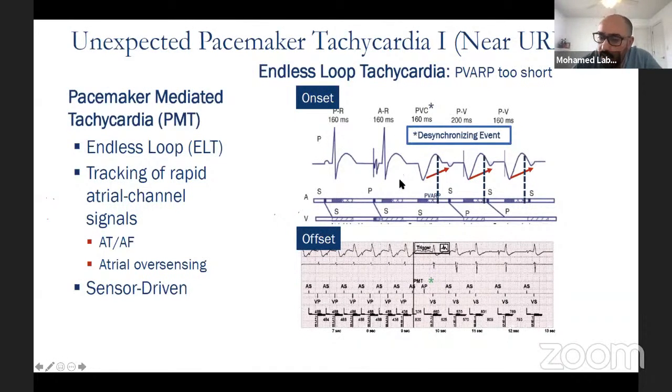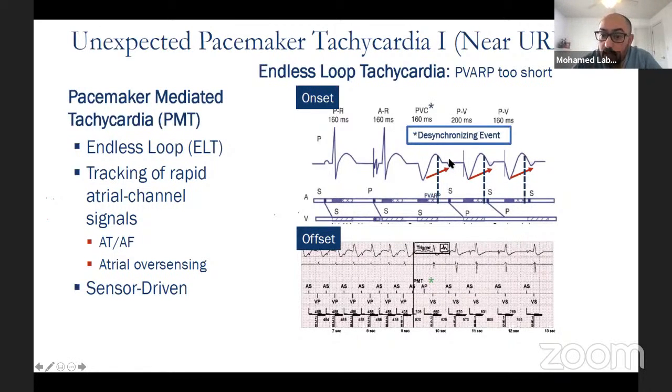But it happens that a PVC happened. So now this PVC happened in the ventricle, it goes through the AV conduction system, and it causes retrograde activation of the atrium. And this retrograde activation of the atrium is sensed as a P wave in the device. It doesn't know that this is basically a retrograde activation coming from the PVC that happened in the ventricle.